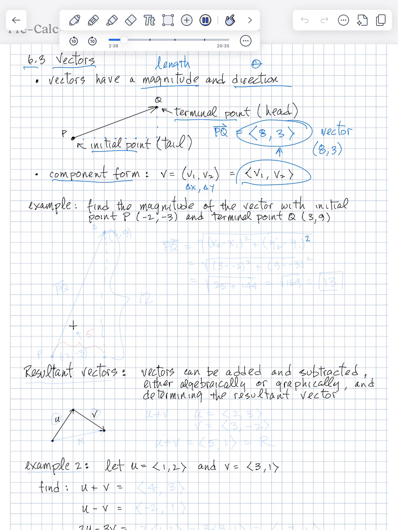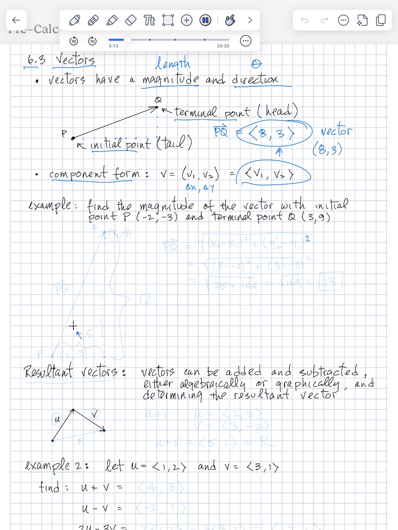So let's do an example. Example 1: find the magnitude of the vector with the initial point P, which is (-2, -3), and the terminal point Q, (3, 9). When you're plotting vectors, just put a little cross where the origin is. You don't have to draw the x and y axes, but we do need to know where the origin is.